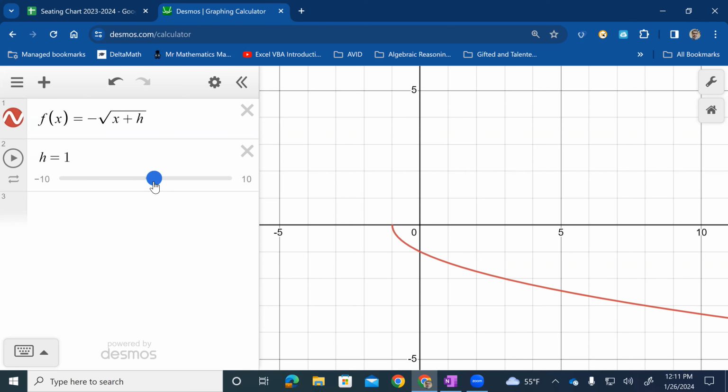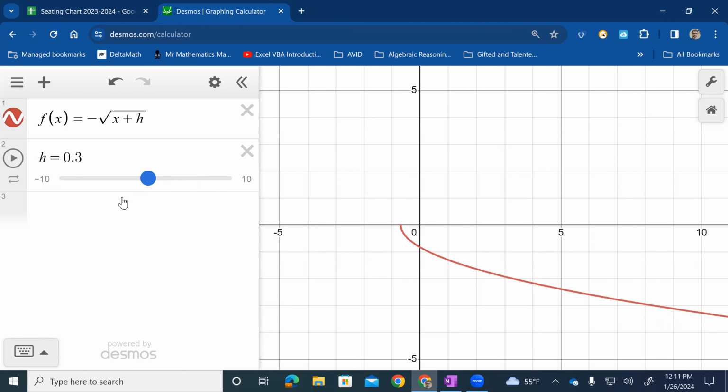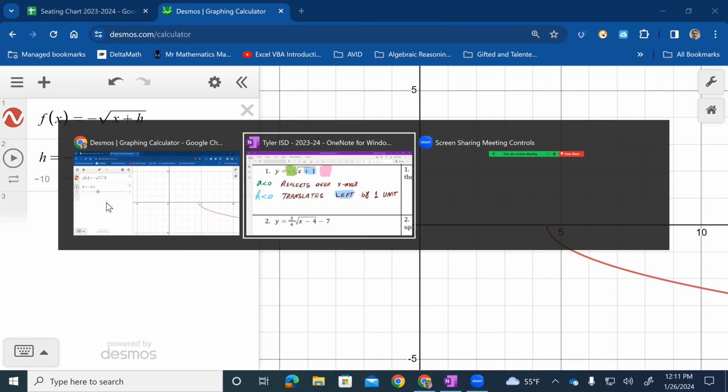I replaced that 1 with an H, and now if it's going to the negative side, it's moving right. If it's going to the positive side, it's moving left. Make sense? So whenever you will have over there x plus a number, it will move left. Whenever you will have an x minus a number, it will move to the right by the same number. Got it? That was the impact of the h.